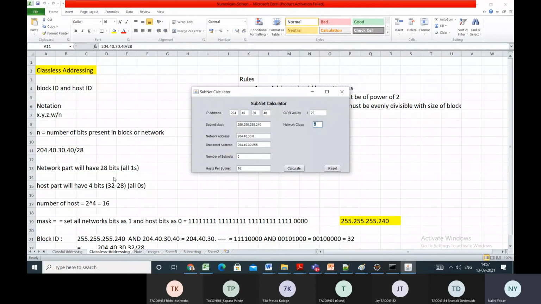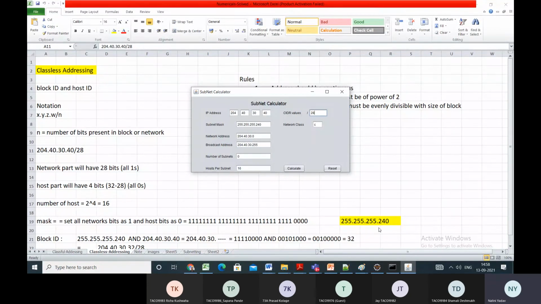Let me revise it again. This /28 means that the number of ones for the network part will be 28 bits. So the host part will be 32 minus 28. So my subnet mask will have 28 ones. That is going to be my 255.255.255.240.